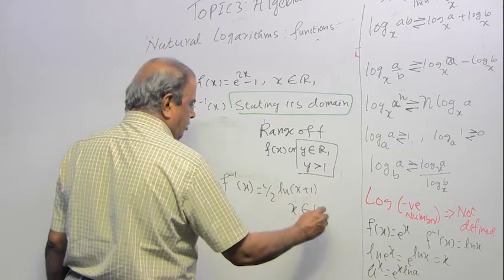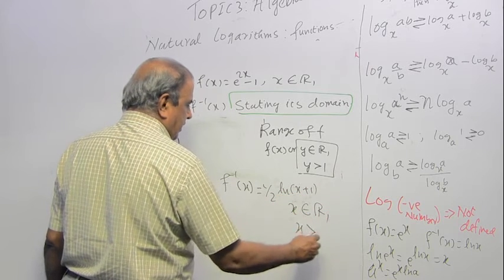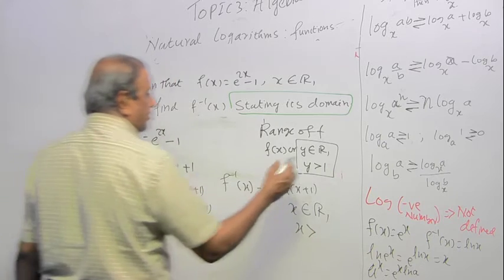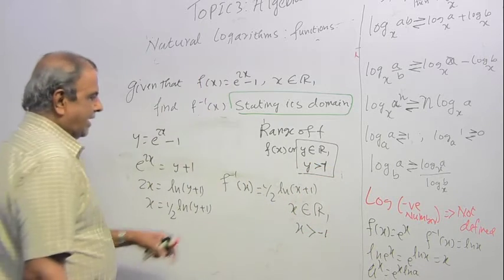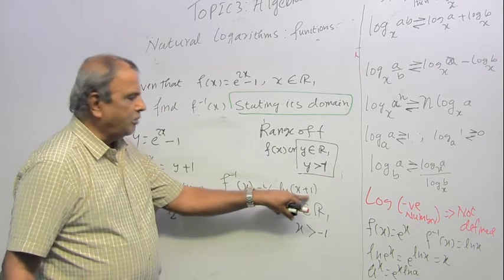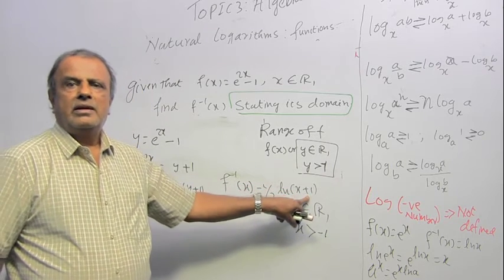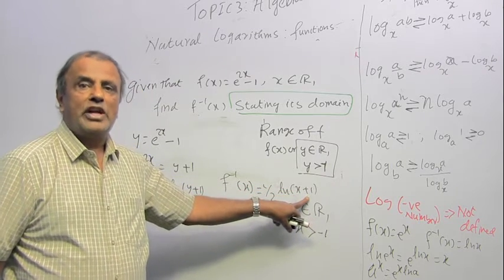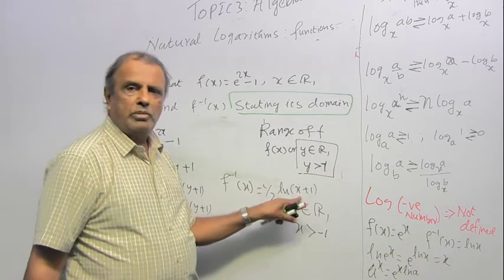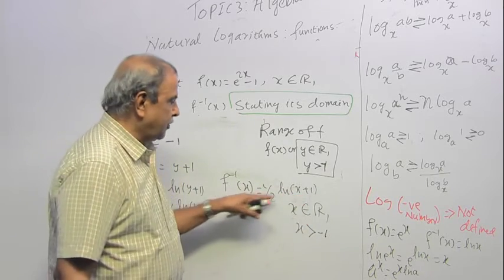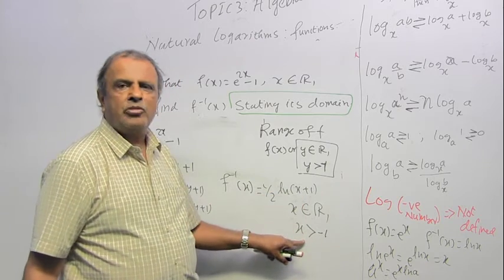x belongs to R, x greater than minus 1. Why? At x equal to minus 1, it is log of 0, which is not defined. If x is less than minus 1, x plus 1 will be negative, again not defined. So for this function to be defined, x has to be greater than minus 1.